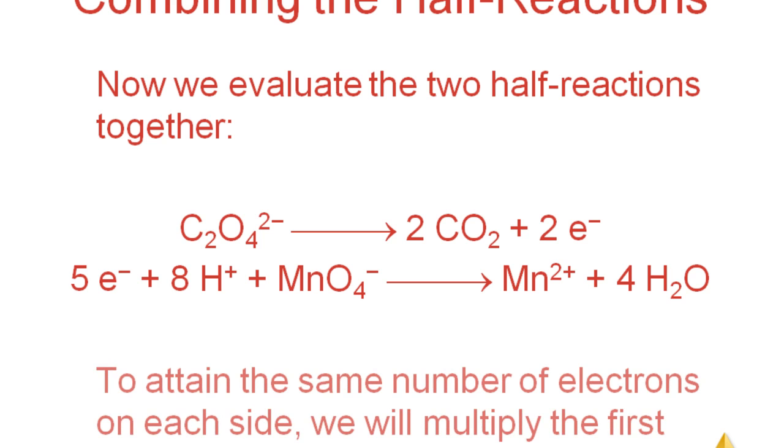To make those numbers equal, we are going to multiply the reactions by each other's coefficients of electrons. So we multiply the first one by 5, which is the coefficient of electrons of the second reaction, and we multiply the second reaction by 2, which is the coefficient of electrons from the first reaction, and we will get this.